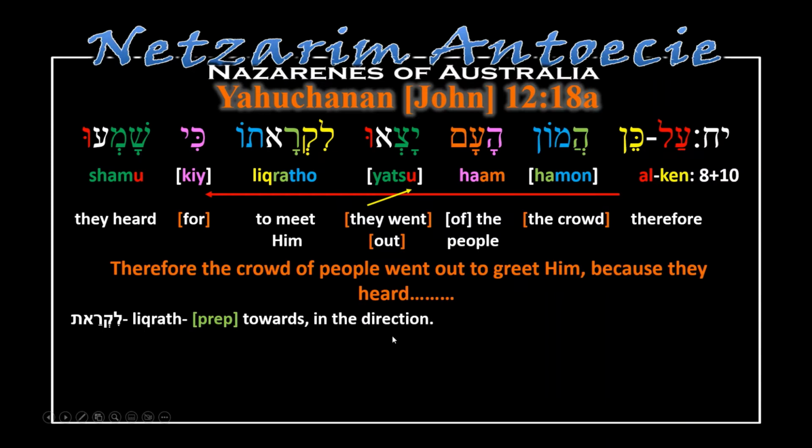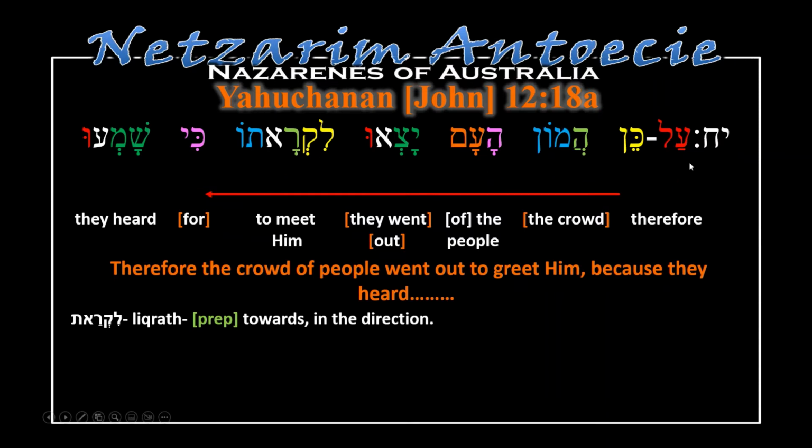So, in other words, they went to greet him or to meet him in his direction, if you want to put it that way. Right. And now let's read it. Al ken, ha-hamon, ha-am, yatsu, likrato, ki, shamu.